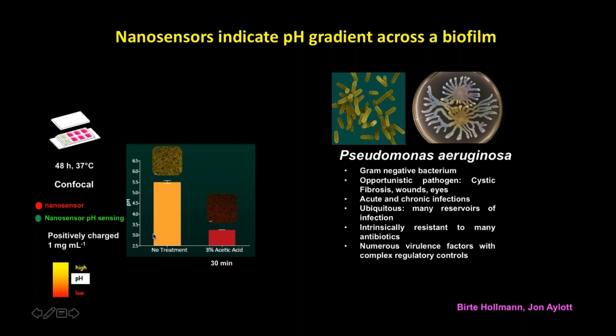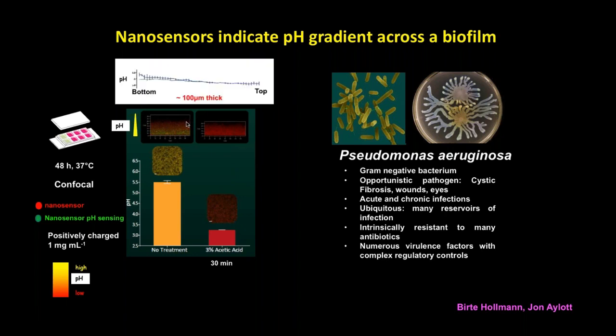When we looked further at this natural pH, we could see over the 100 micron thickness of the biofilm a gradient from low pH to a higher pH, which was really astounding to us because we were hoping, but we weren't sure we were going to see such a good resolution in the pH gradient across the biofilm.